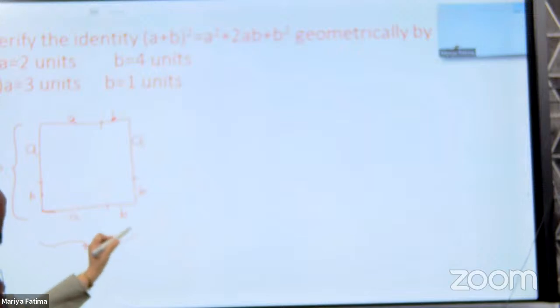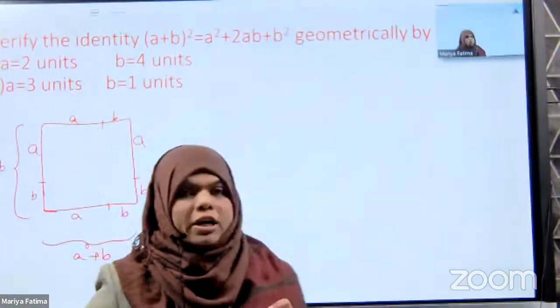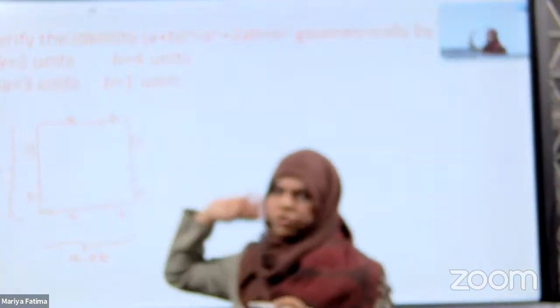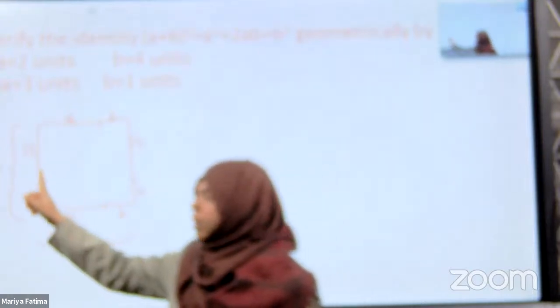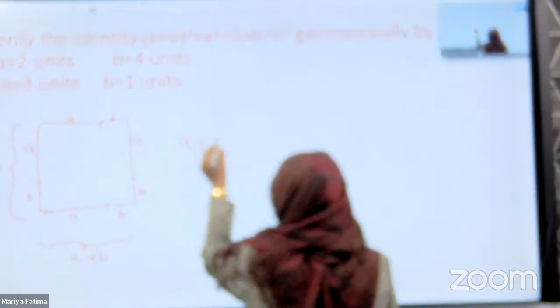If this much part is a and this much is b, then what will be the side of this square? Obviously it will be a plus b. Then here also the side of this square will be a plus b only. Now tell me, what is the area of this complete square? This side is a plus b and this side is a plus b. The area of a square is side into side, that means (a plus b) into (a plus b) will become (a plus b) whole square.